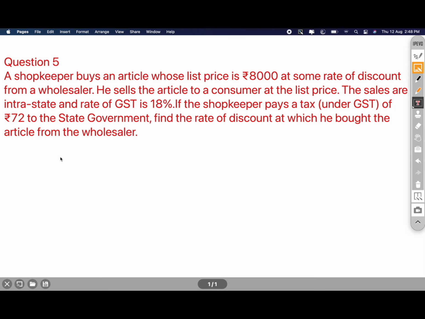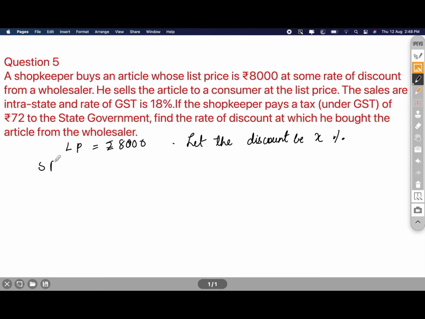So here list price is given as rupees 8,000. Let the discount be X%. So list price equals rupees 8,000. Let the discount be X%.